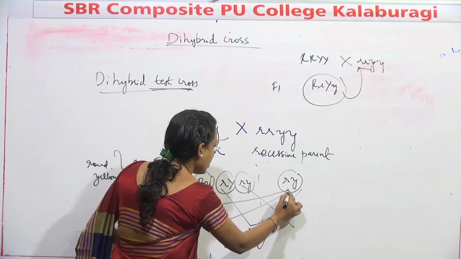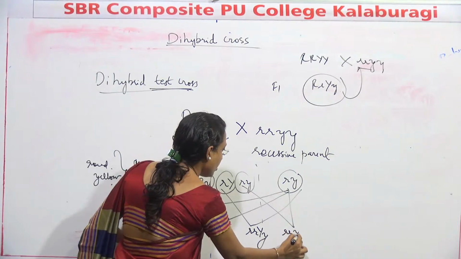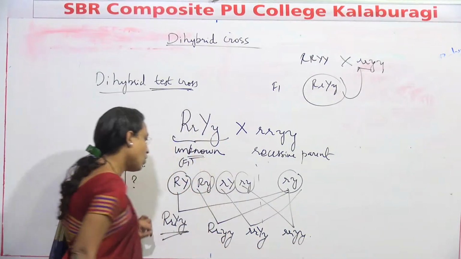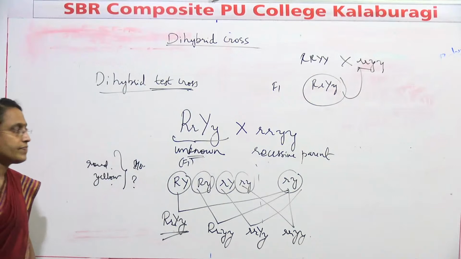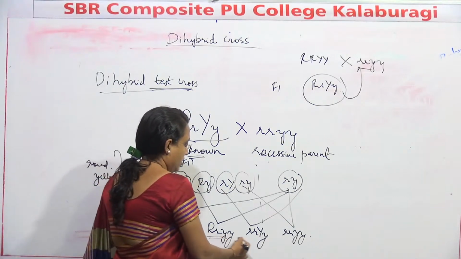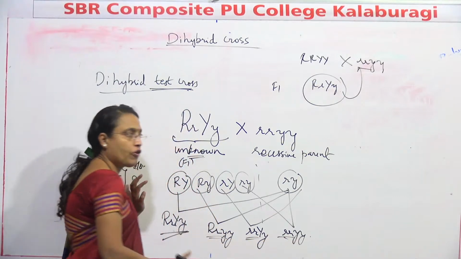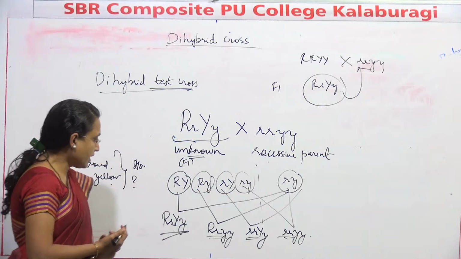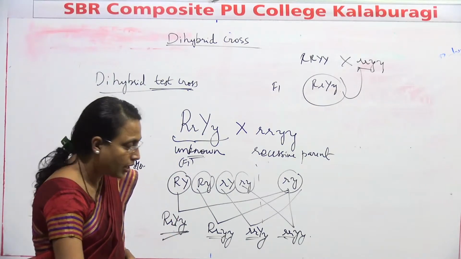So next, small r, small y and small y. So how many offsprings here? 4 offsprings. Now check the phenotype of it.